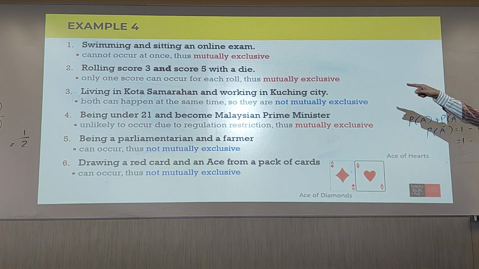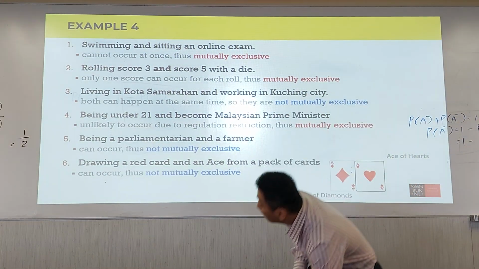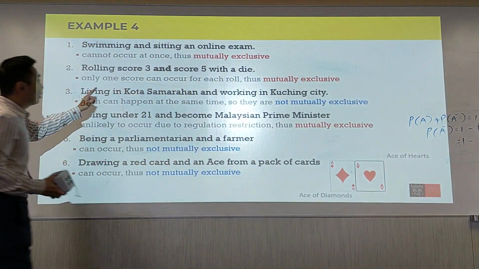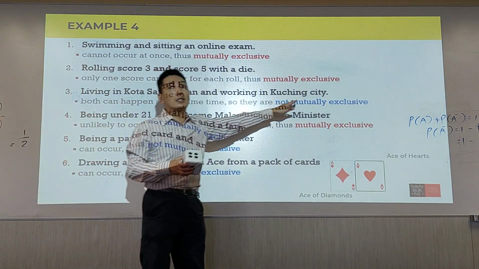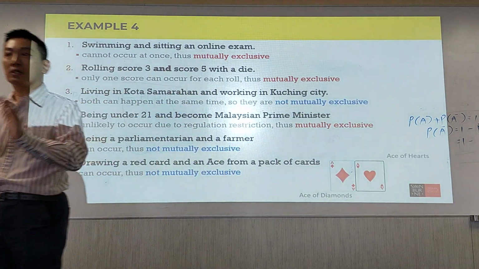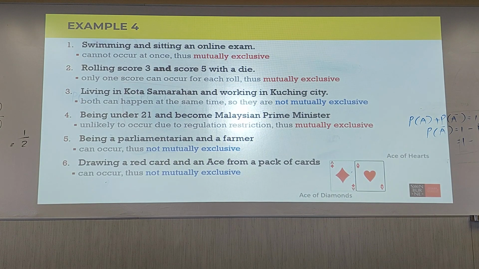So this is mutually exclusive, because they cannot happen at the same time. Number 3: living in Kota Samarahan and working in Kuching City. Is it possible? Possible, so these two events are not mutually exclusive, because they can happen at the same time.